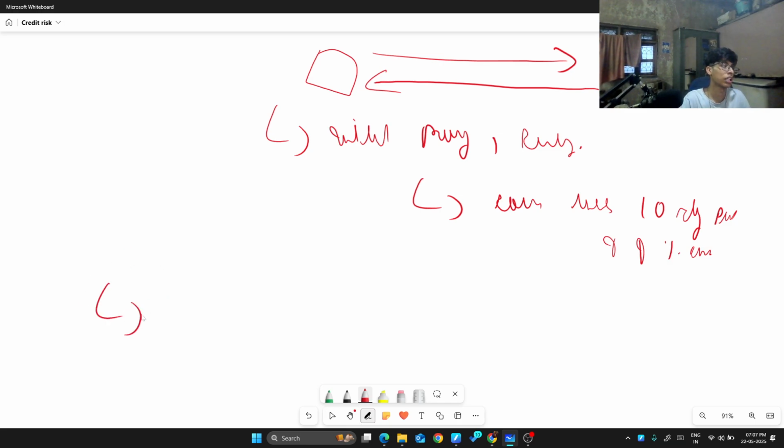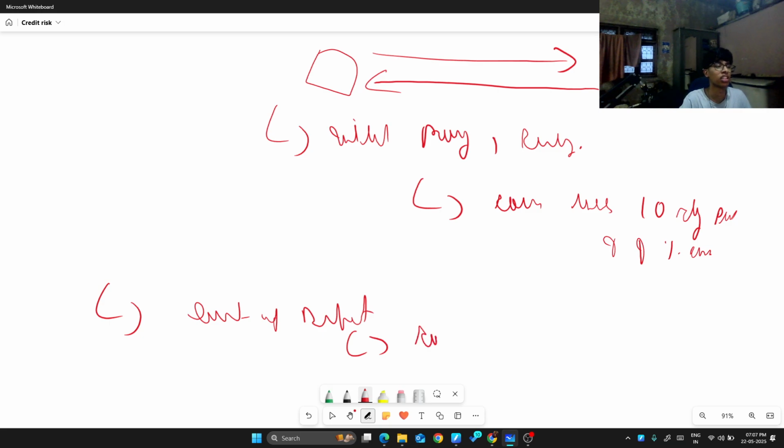an event of default occurs, the other party would take the collateral in their hand and sell it, and if they have a profit.